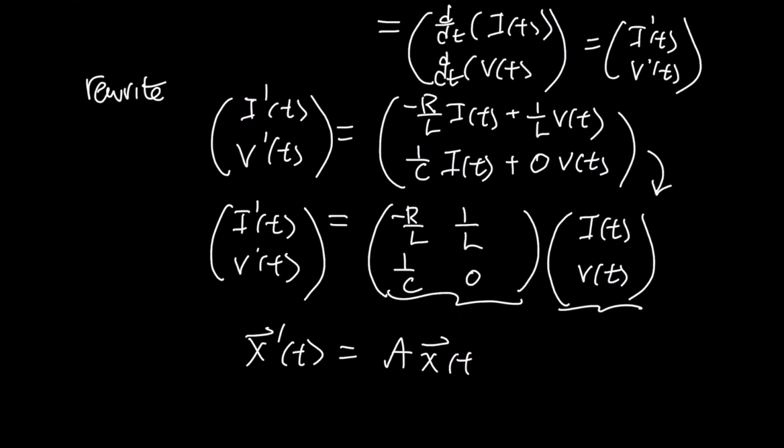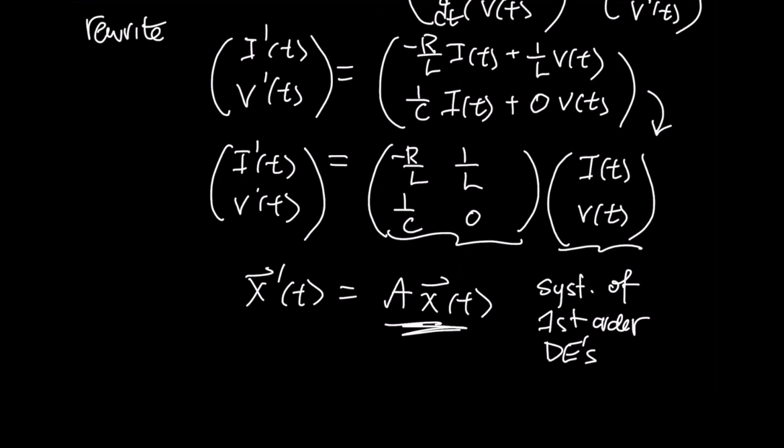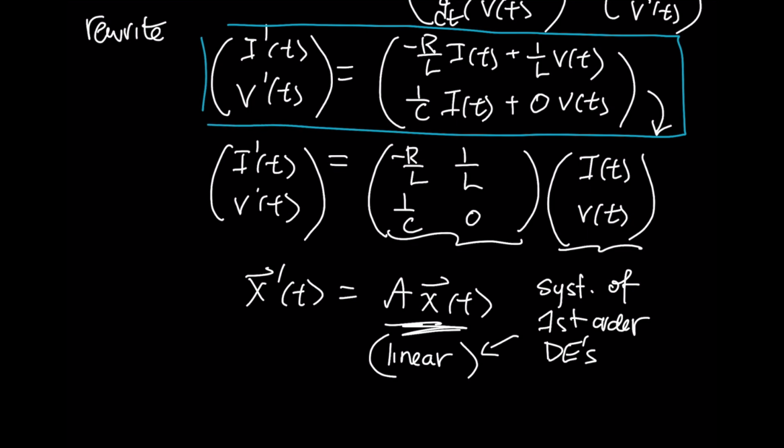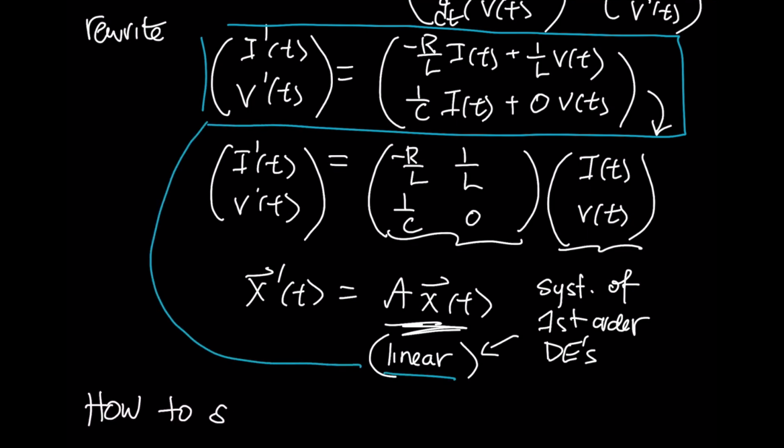Once again, this is a system of first order DEs. We say it's a linear system because, as you can see from this equation, none of our functions or their derivatives appear to anything other than the first power. So naturally, the question is, how do we solve this particular system?